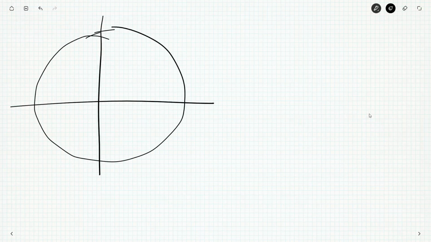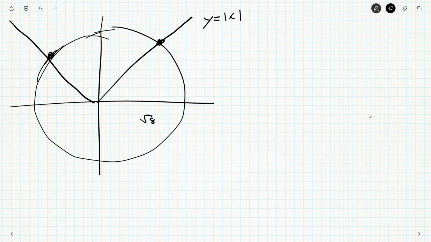So it's a circle specifically of radius root 8. And what does the absolute value function look like? It looks like a V for victory. So we get 2 points here, one in either half, in positive x and negative x. We'll always have positive y's.